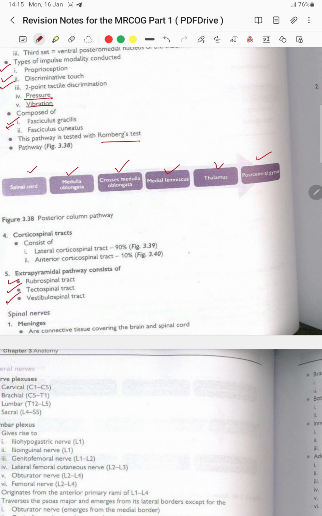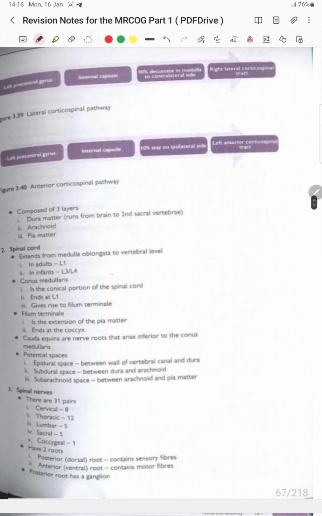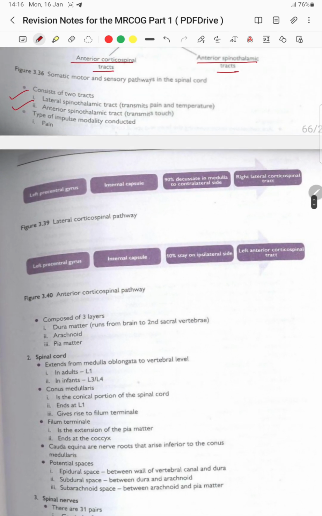The spinal nerves, the meninges, are the connective tissues covering the brain and the spinal cord. And this is the pathway of the lateral corticospinal pathway, which is from the left precentral gyrus, then internal capsule, then 90% decussate in the medulla to contralateral sides, and the right lateral corticospinal tracts.